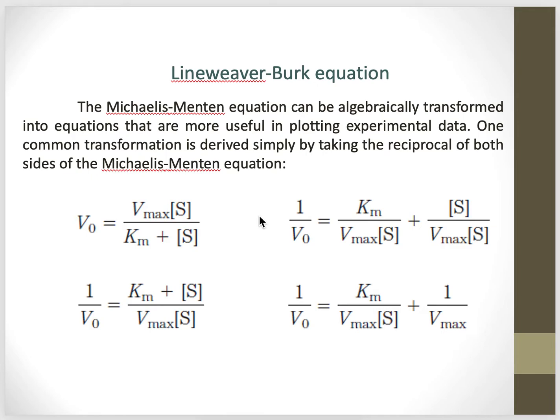Now, if you ask me why we need this, I'll talk about that, but first I'll talk about how Lineweaver and Burk, these two scientists, further derived the Michaelis-Menten equation. The Michaelis-Menten equation can be algebraically transformed into equations that are more useful in plotting experimental data.